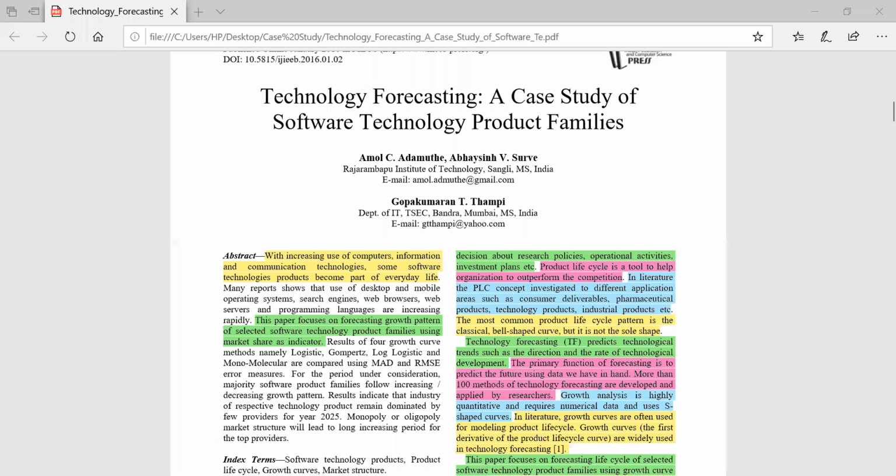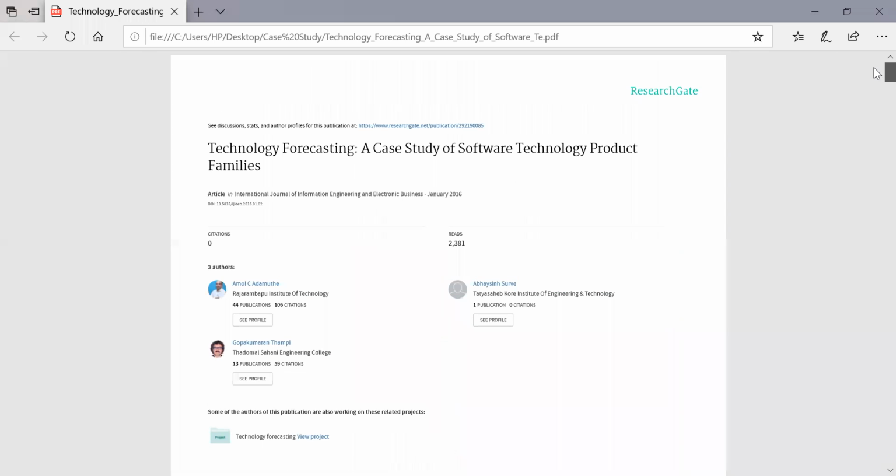So this is the case study we will be dealing with. It is based on technology forecasting, a case study related to software technologies and how software technology product families are implementing this technology forecasting. This is one of the good research publications, published in the year 2016 in the International Journal of Information Engineering and Electronic Business.